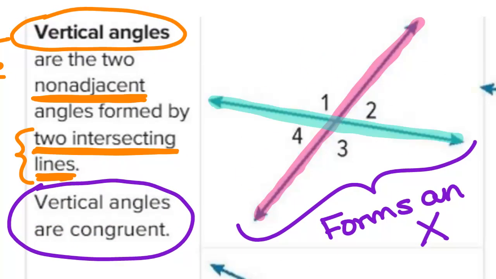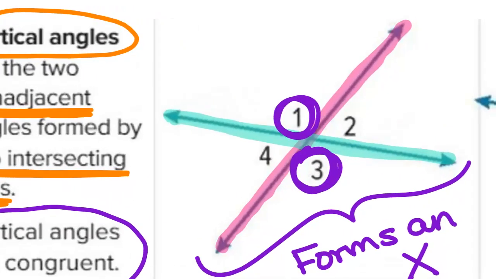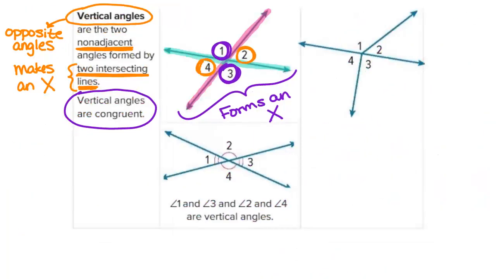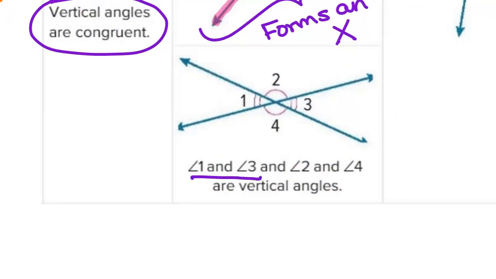The vertical angles would be like angle 1 and angle 3, or angle 2 and angle 4. Angles 1 and 3 are vertical angles. 2 and 4 are vertical angles.